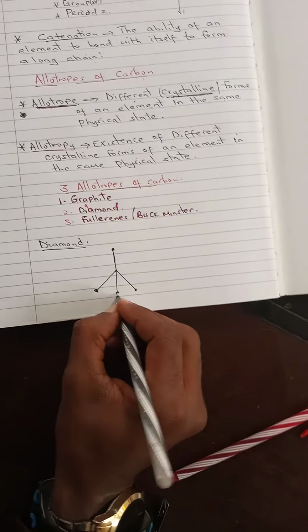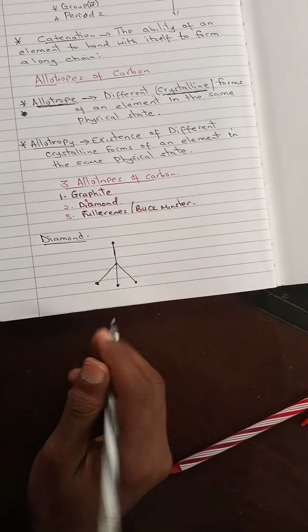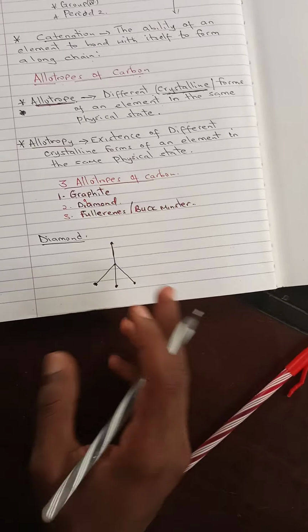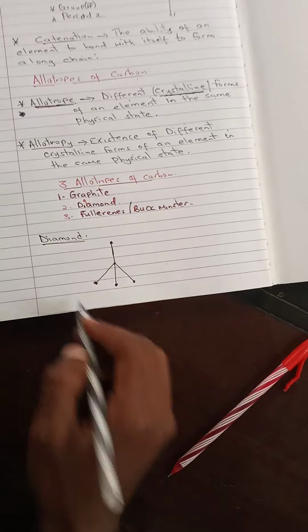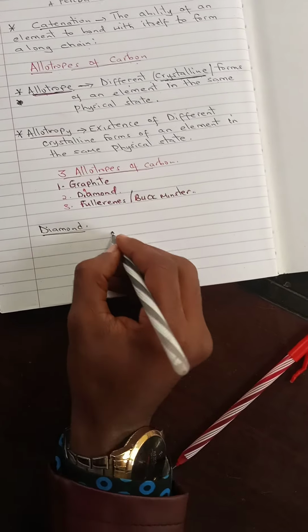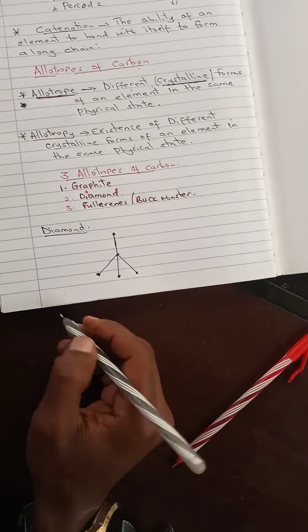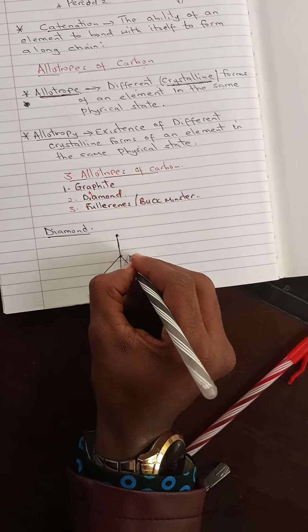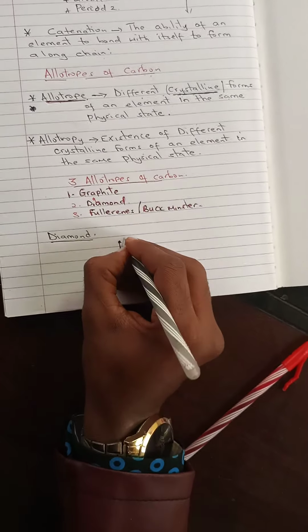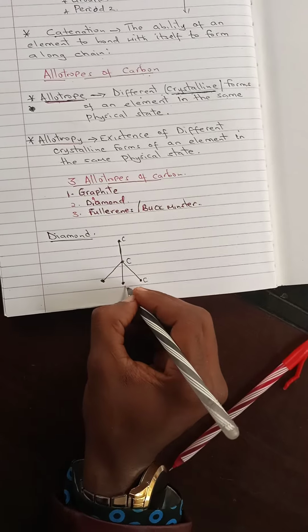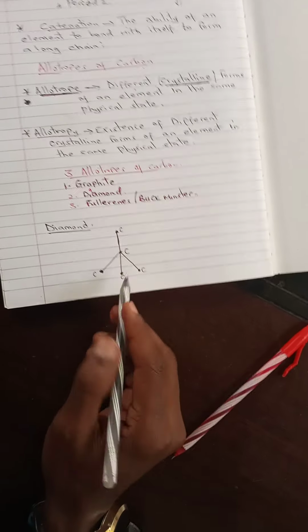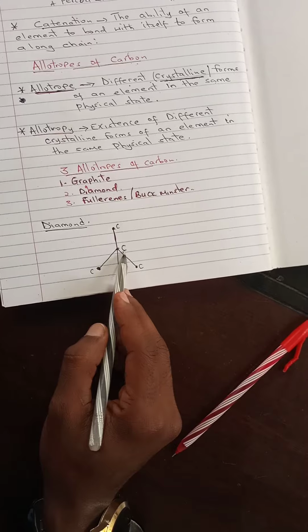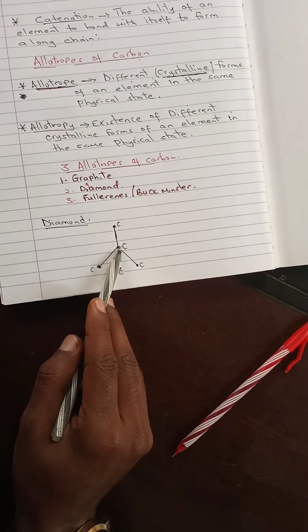This one here is another carbon. This structure is continuous and repeats itself. This is just a skeleton structure. If this is a carbon here, this is another carbon, and another carbon. So each of these carbons has been bonded to 4 other carbons.